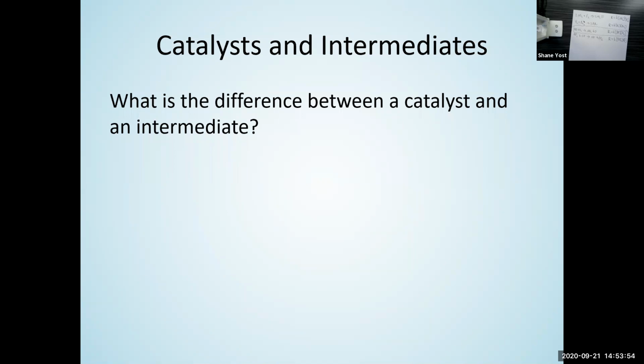An intermediate is produced during your reaction, but consumed later. So a catalyst appears as a reactant, then a product, while an intermediate appears as a product, then a reactant. Intermediates exist only intermittently during the chemical reaction. A catalyst is something that you can measure and have some amount of before the reaction takes place.